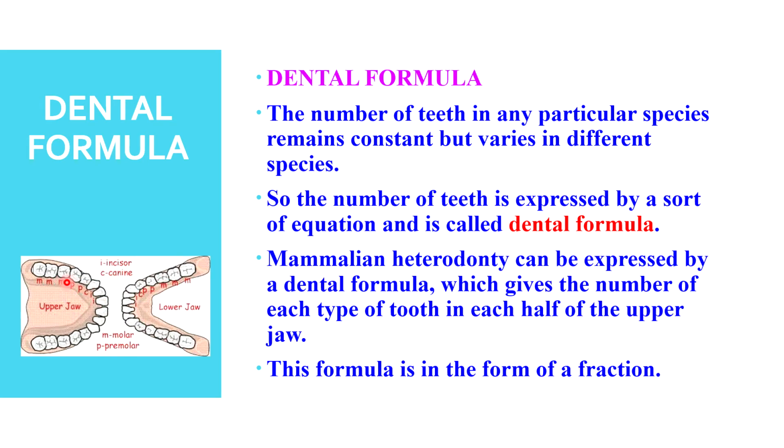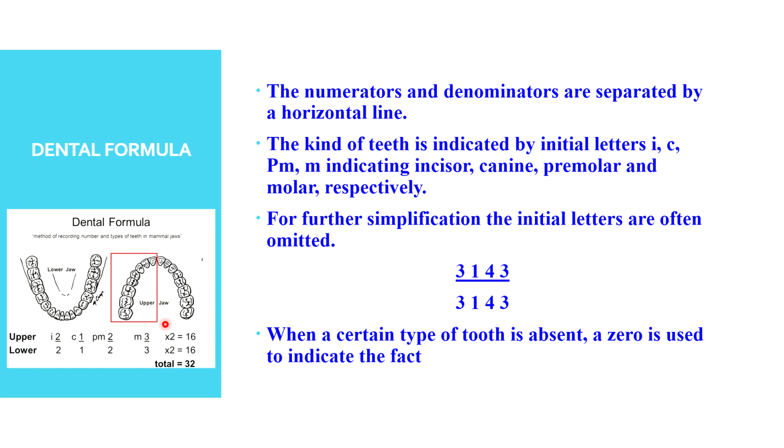And one side of the jaw, here in the dental formula, it represents the half portion of the upper jaw and the half portion of the lower jaw. Here consider the half portion of the upper jaw and half portion of the lower jaw. And then see a numerator and a denominator.